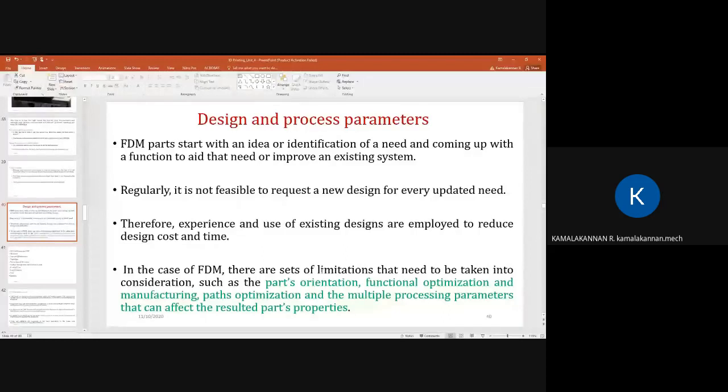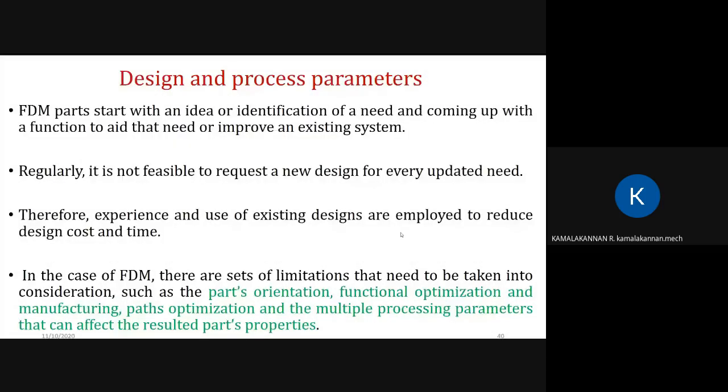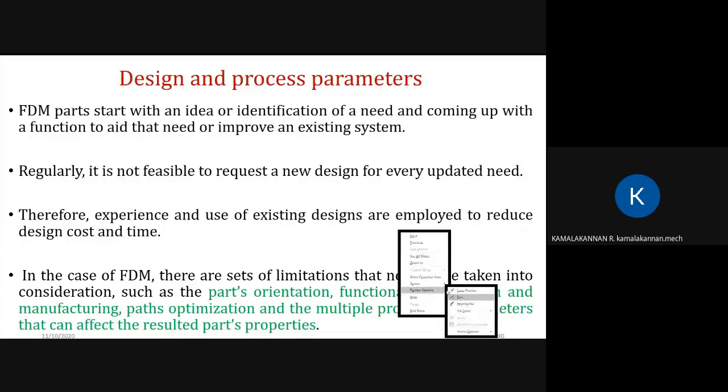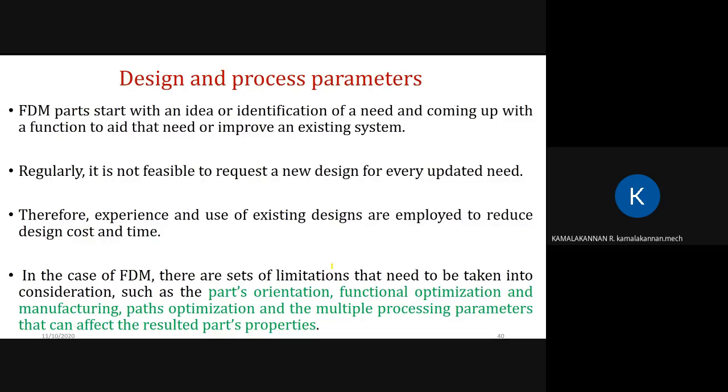Boys, yesterday we have seen about design and process parameters. I will just go through it quickly, then after that we will go to today's topic. Design for a particular 3D printer is important because the technology and operation might vary for different technologies.